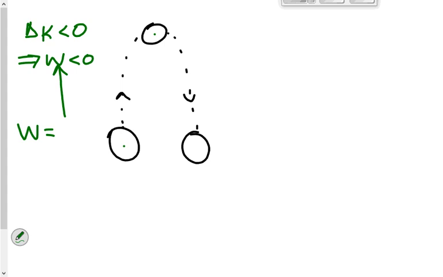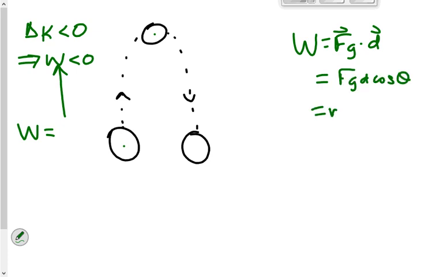Up. So D and FG, what's the angle between them? 180 degrees. And if we remember that, that's going to give me FG D cosine theta. So I've got mgD cosine of what? 180, which is -1. Okay, so that work is going to be equal to negative mgD.